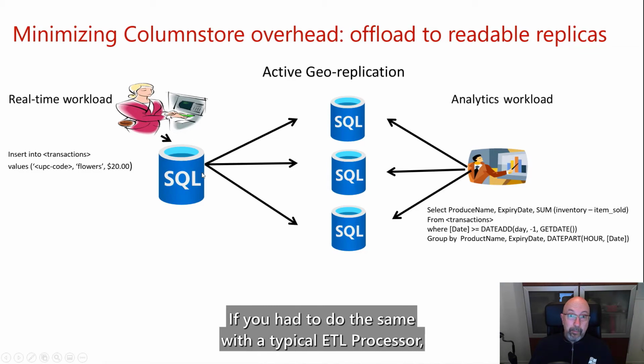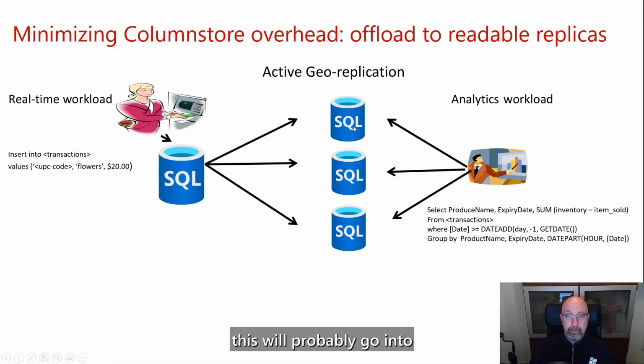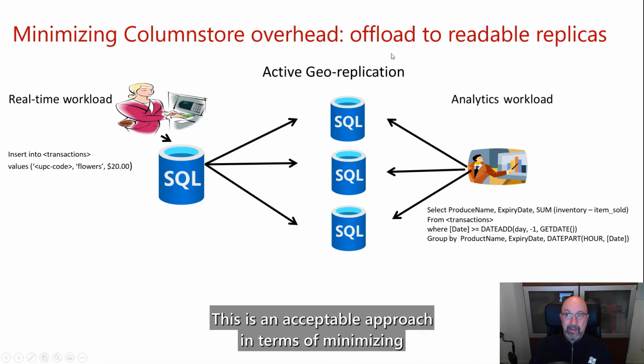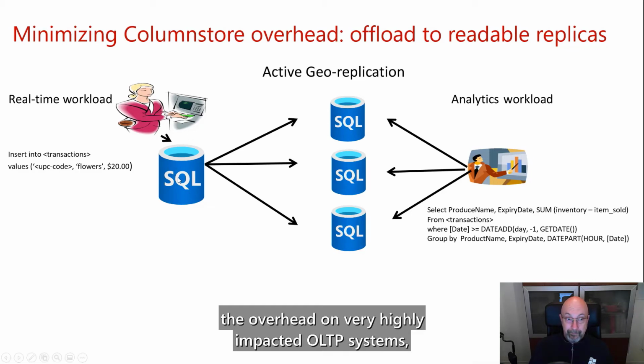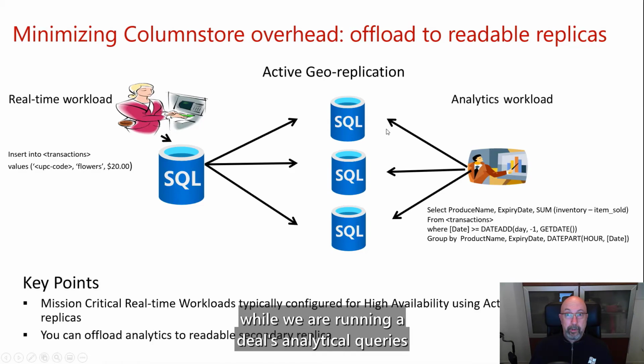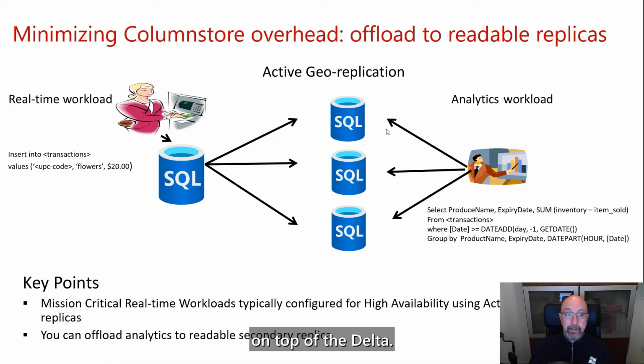If you had to do the same with a typical ETL process, this will probably go into at least minutes, right? Type of latency. So this is an acceptable approach in terms of minimizing the overhead on highly impacted OLTP systems while we are running those analytical queries on top of the data.